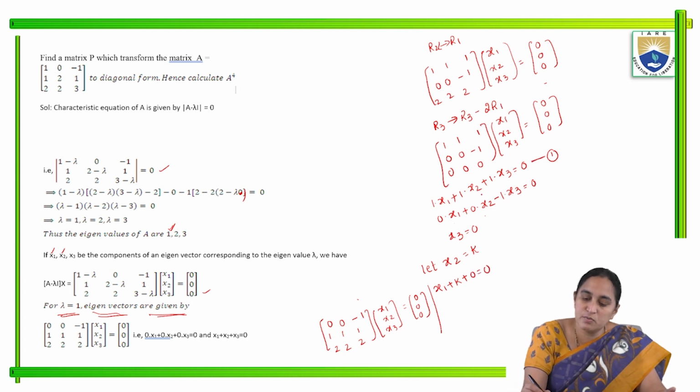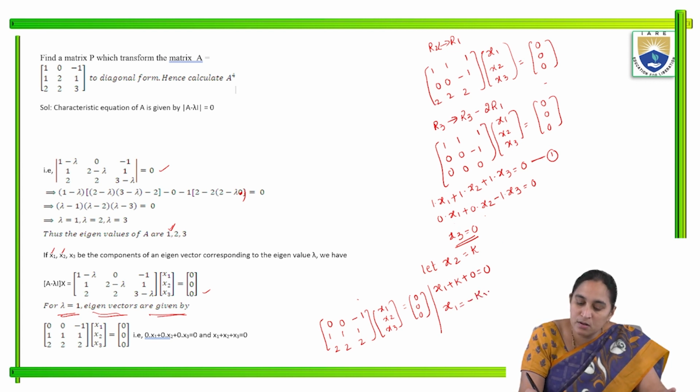I'm assuming x2 as one arbitrary constant k, and the x3 value directly from the second equation is 0. From that, x1 is equal to minus k. Therefore x1 is minus k, x2 is k, and x3 is 0.